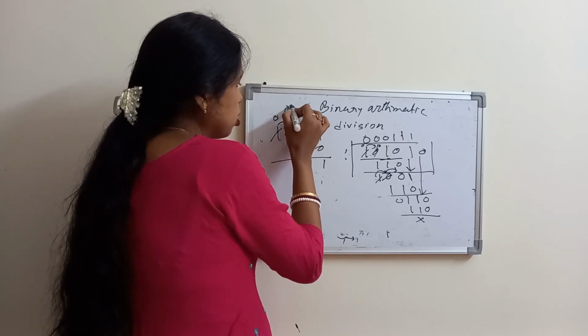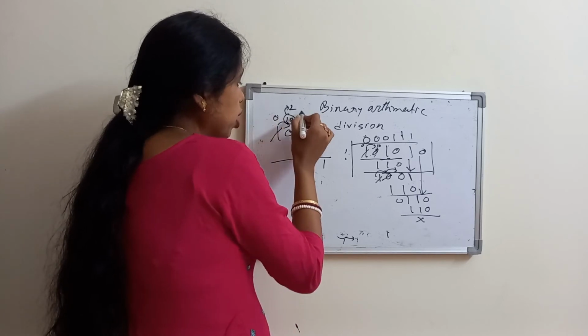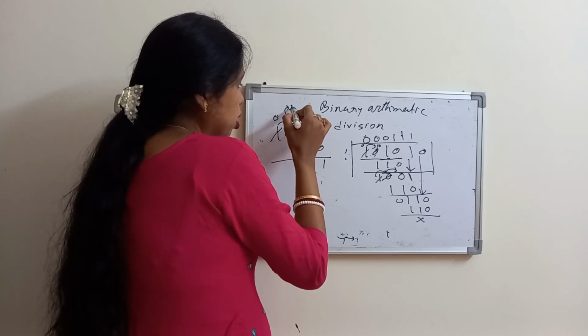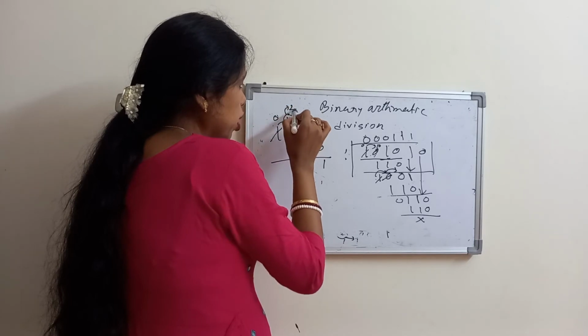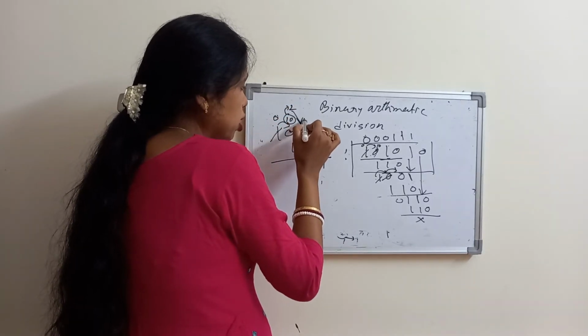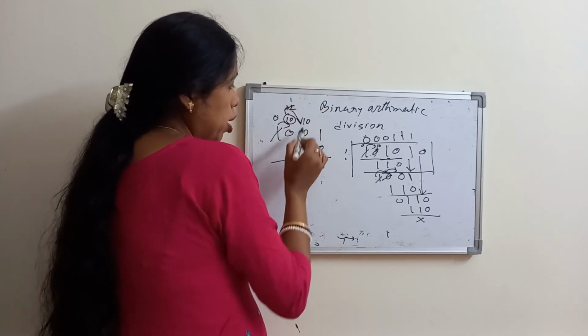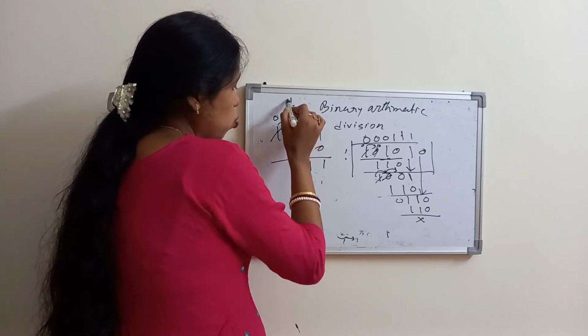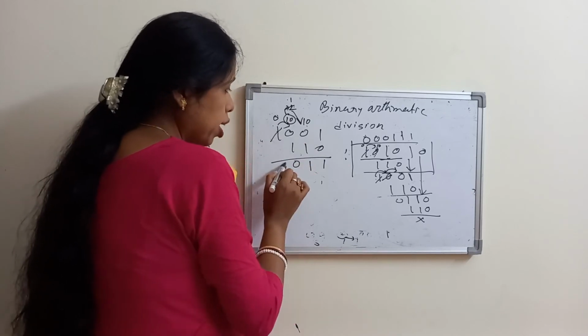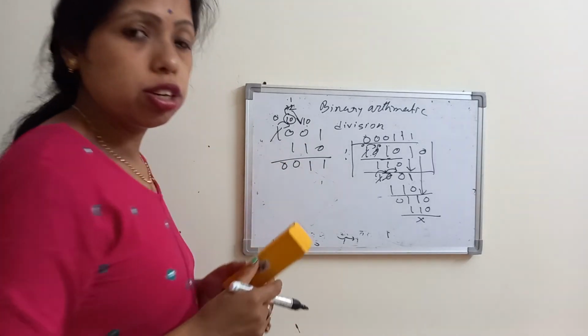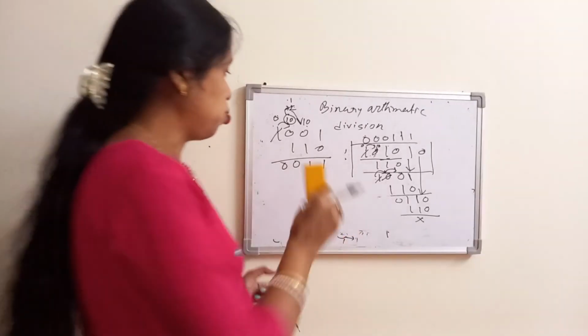This you can write as a 2. From 2 you can give one borrow to here. If you are giving one borrow from here to here, this will be 10 and this will be deducted to 1. 10 minus 1, 1. 1 minus 1, 0. In this way, this subtraction can be done.